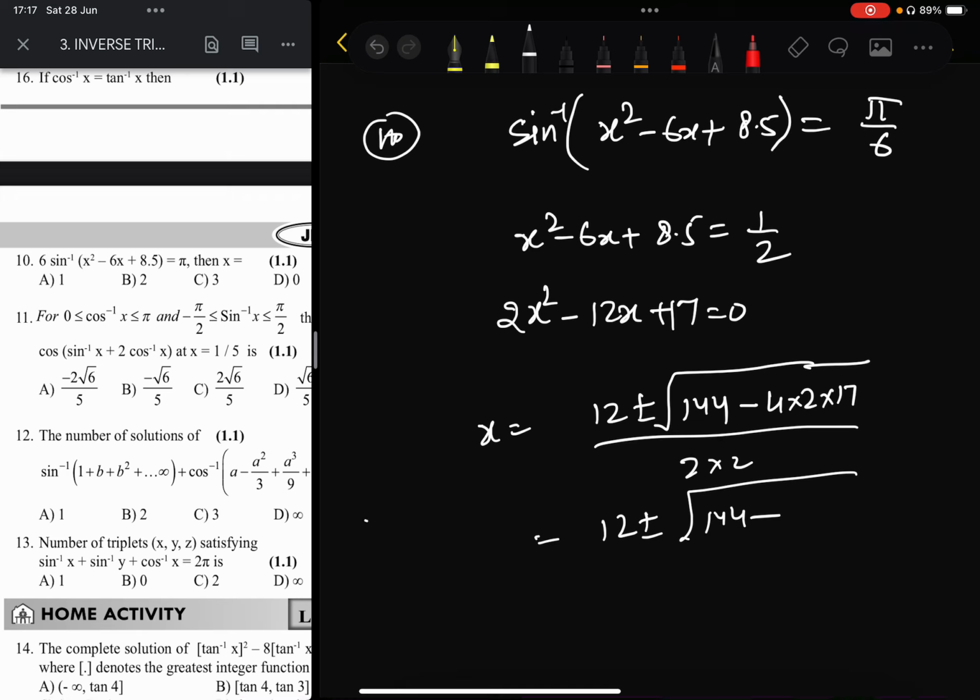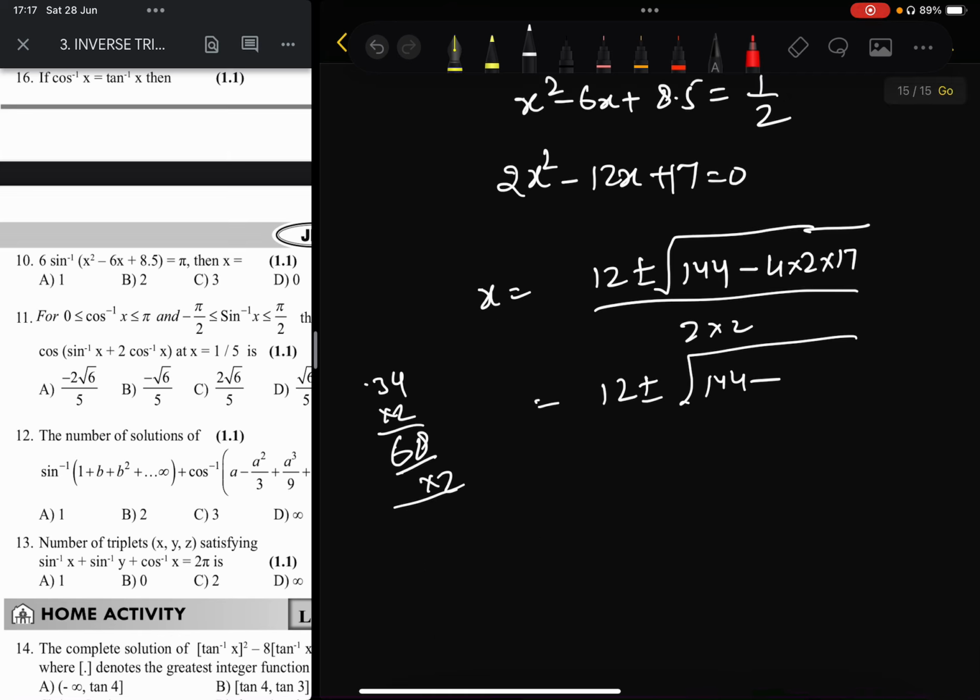4 into 2 is 8, 8 into 17, that is 136, I think, right? Yes, 136, divided by 4.